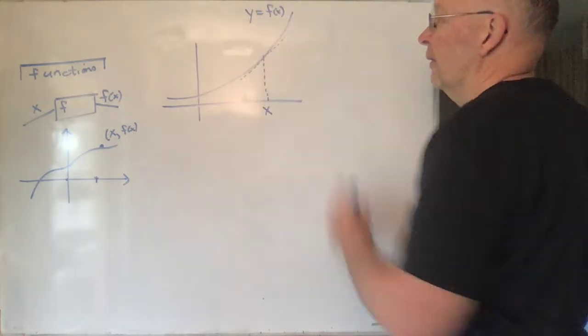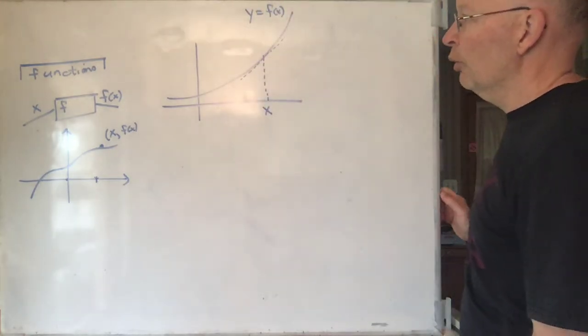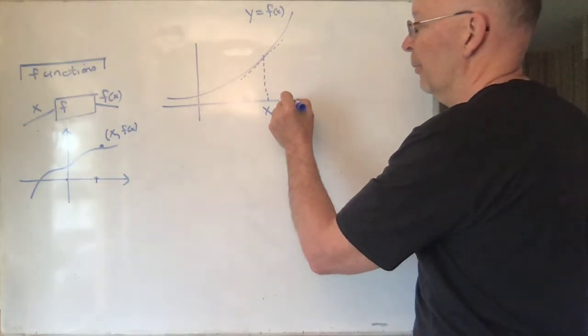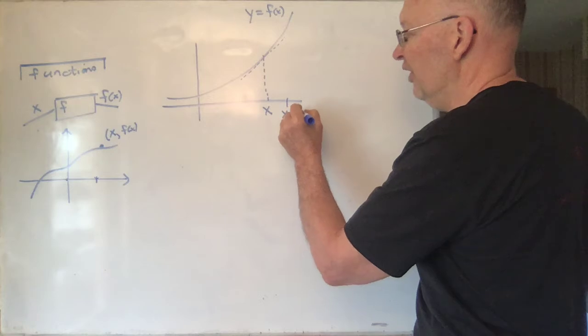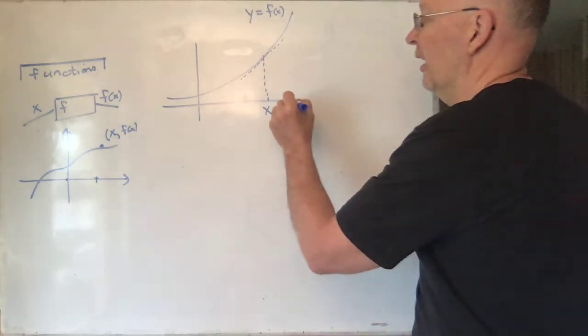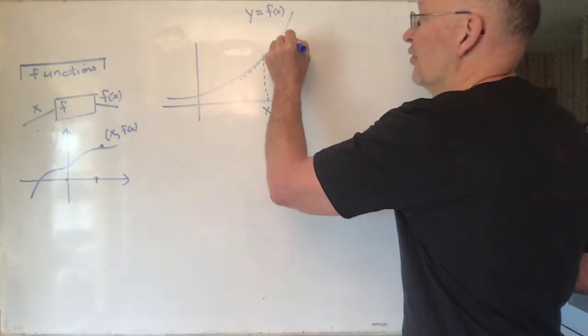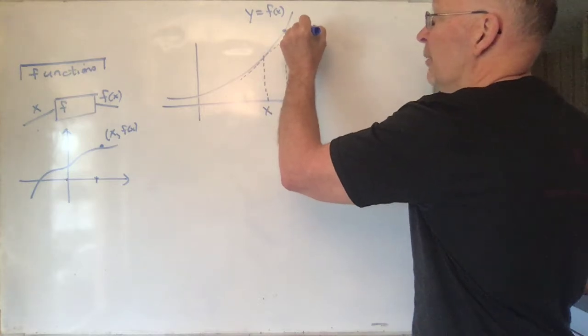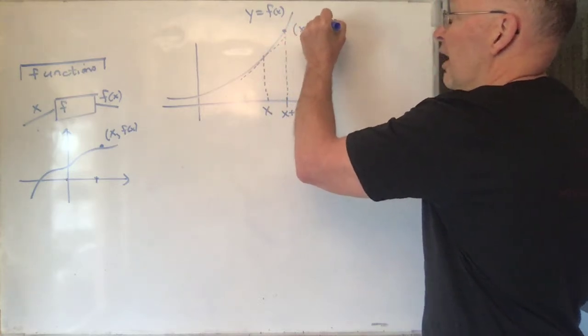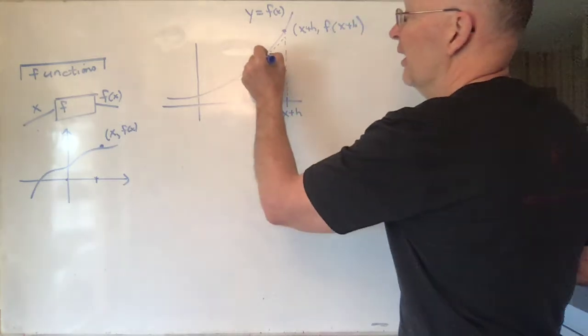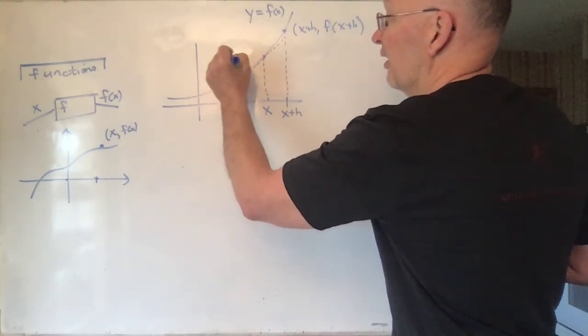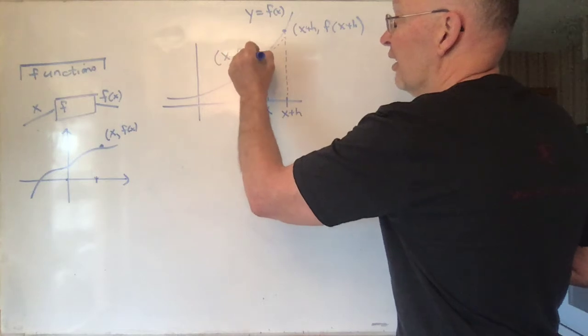We got hold of that problem by saying, well, let's move a little bit away to say x plus h, and let's find the value of the function there as well. So that's going to be x plus h, f of x plus h. This right here is the point x, f of x.